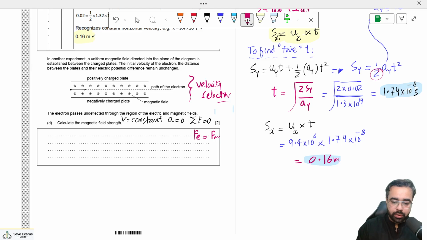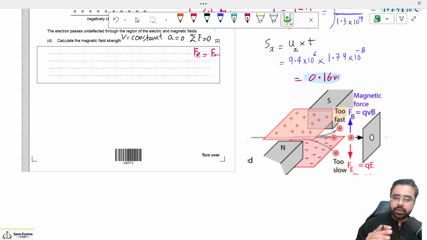All right, let me show you in another diagram. Students, this diagram is just for reference. As you see, the electric field is applied vertically downward, whereas the magnetic field is applied in the z direction, and the charge is moving in the x direction. So you can imagine that the velocity, electric field and magnetic field are all perpendicular to each other.